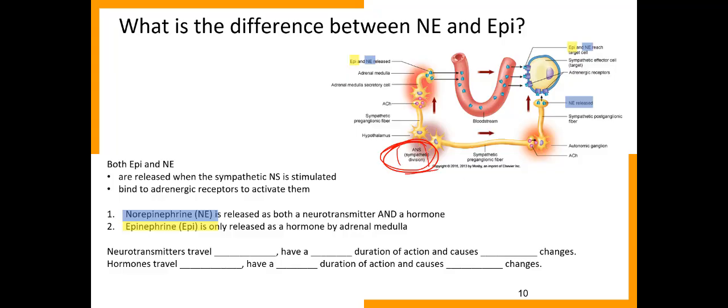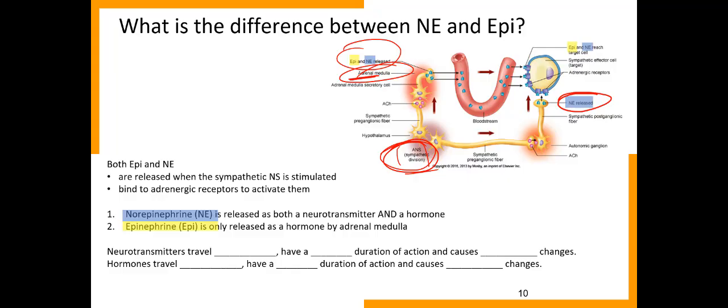And the stimulation of the sympathetic nervous system then acts to release norepinephrine into the synapse, and epinephrine and norepinephrine by the adrenal medulla. And by the way, that's why epinephrine was originally called adrenaline, because it was released by the adrenal gland, right?